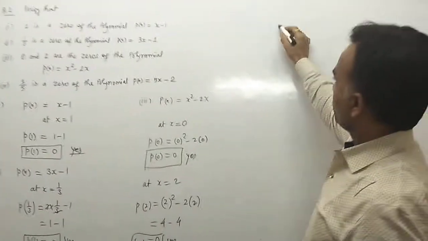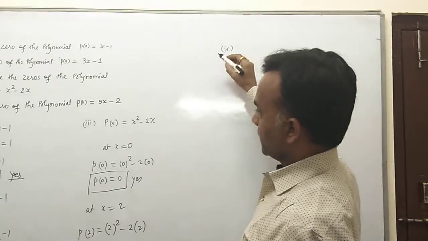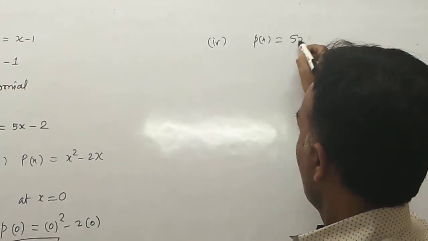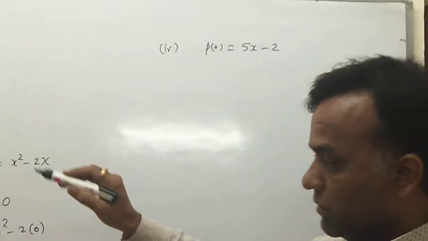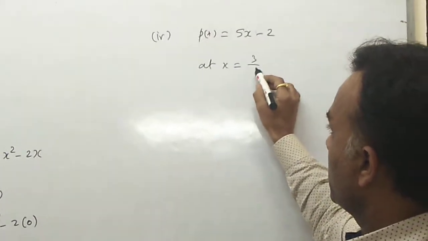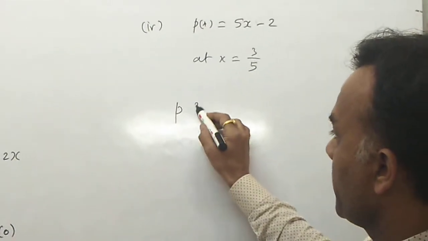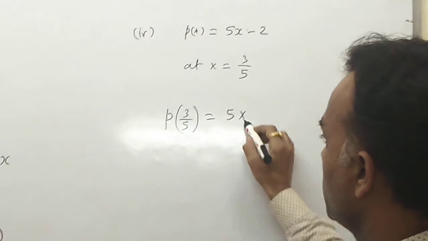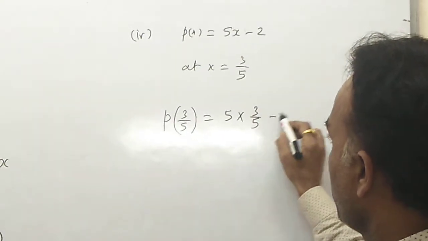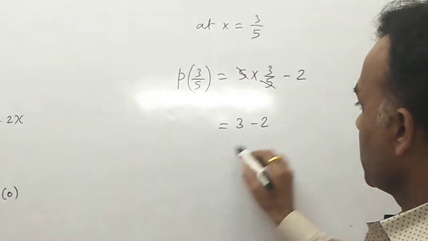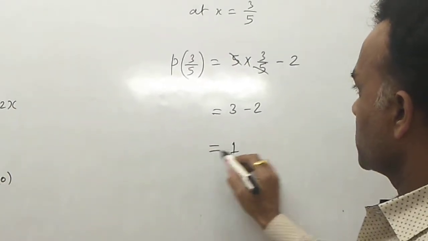Then we have the fourth part. Same here, we have p(x) = 5x minus 2, but here we check at x equal to 3 by 5. Put 3 by 5 in place of x, so 5 into 3 by 5 minus 2. The 5 cancels out, and 3 minus 2 is 1.